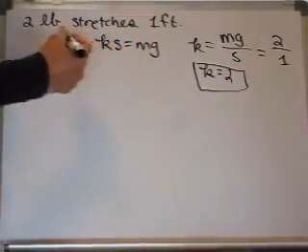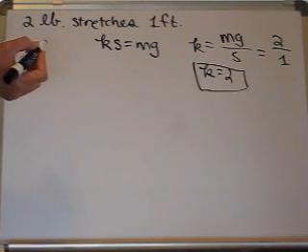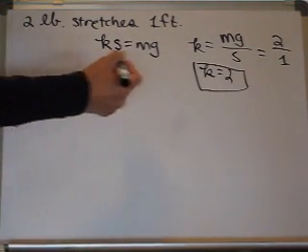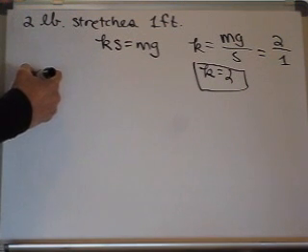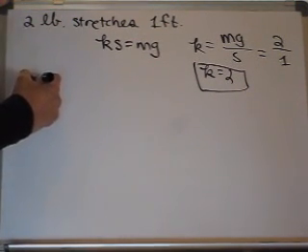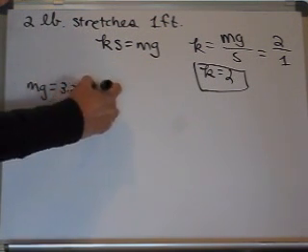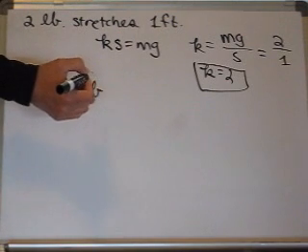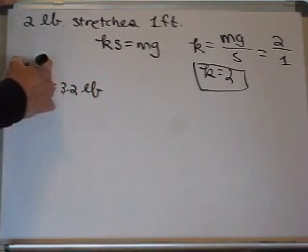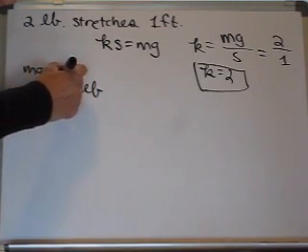We also are going to need to know the mass of the object, and we were told that the object that is going to be in motion is a 3.2 pound mass. So we know that the weight of the object that we're going to be modeling is 3.2 pounds. Weight is mass times gravity, so mg equals the weight.